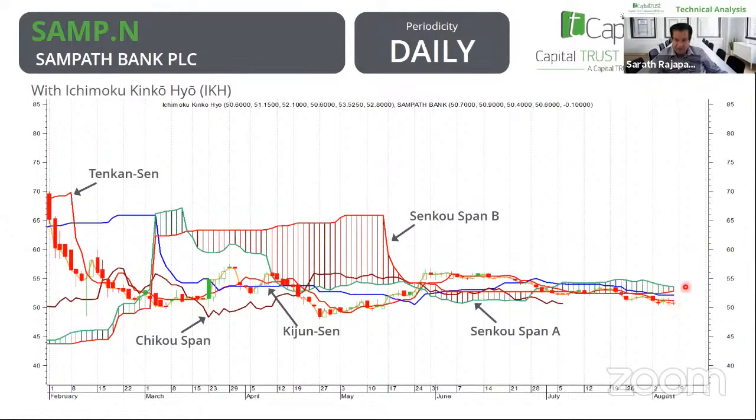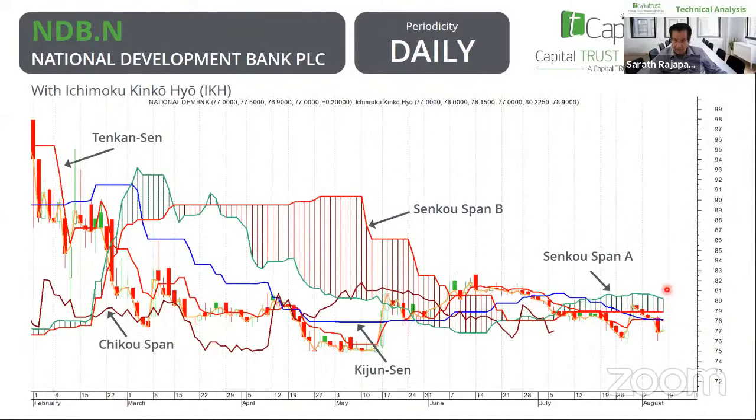So can't buy. Hold is the best suggestion. NDB, that's also the same story. Candlesticks nudging underneath. Cloud green, span A above span B, but the cloud is above and green. Hold.